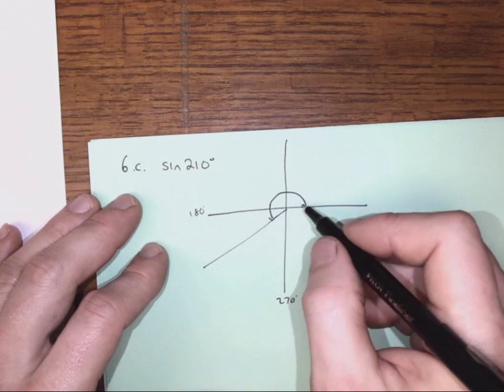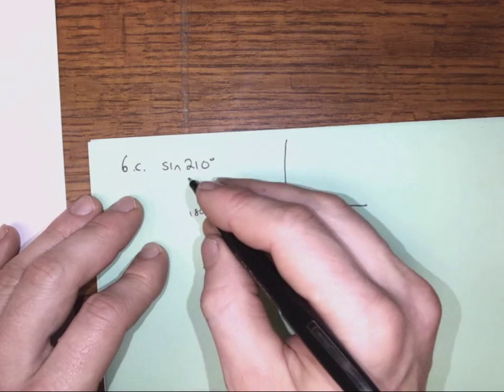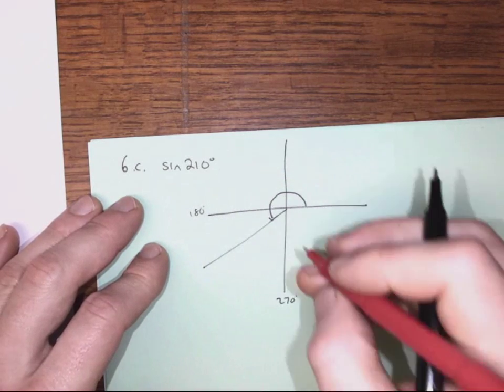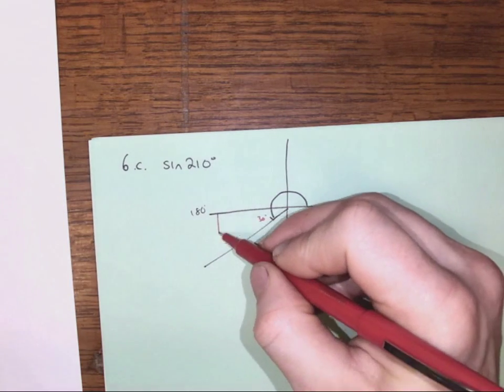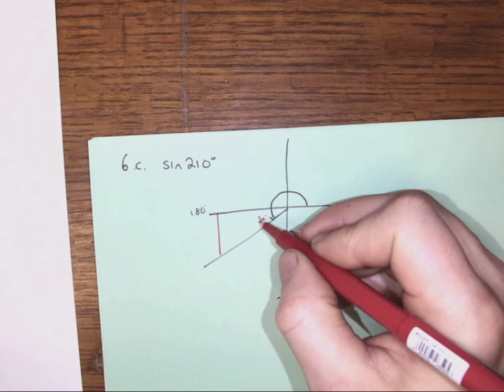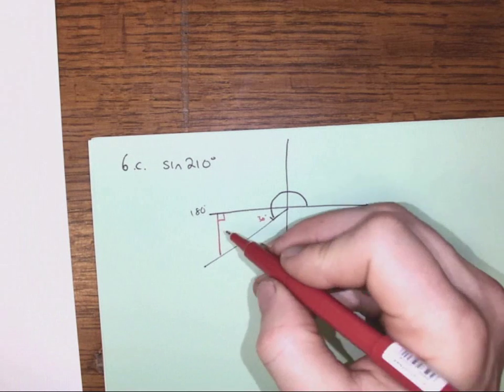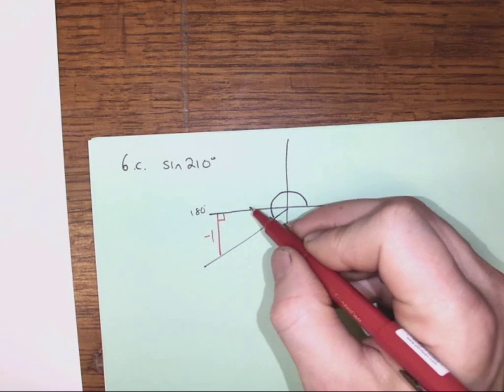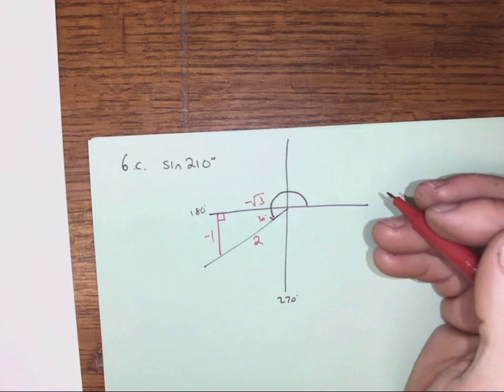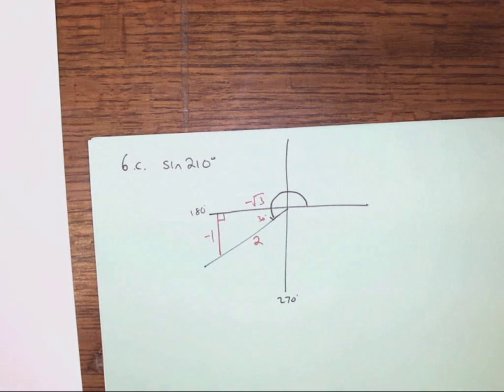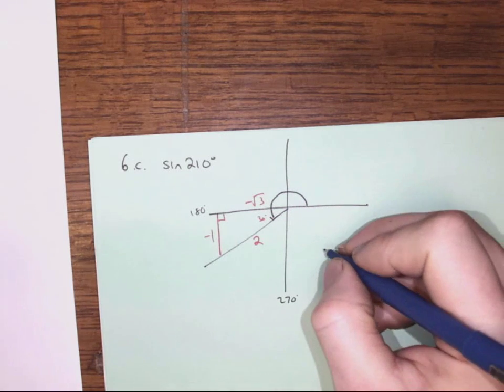And I know that if it's 30 degrees, I can draw a reference angle triangle, because 30 degrees is in one of our reference triangles. I can put this to scale as negative 1, negative root 3, and a value of 2. And if we're looking for the sine of that ratio, that's going to give us sine of 210, which is the opposite over the hypotenuse, which is negative 1 over 2.